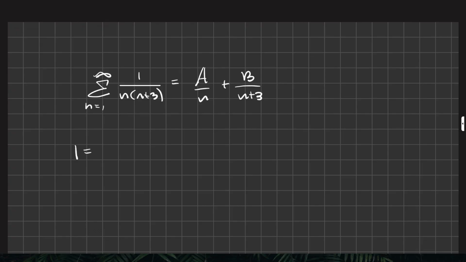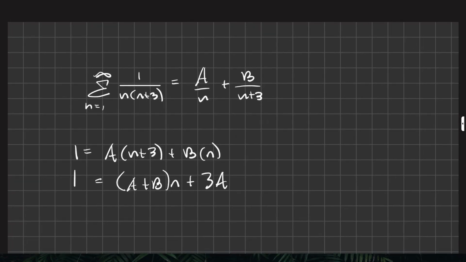So our numerator is 1. A, we multiply it by the denominator we don't have, so n plus 3 plus b times n. So this can be written as, what can we factor? We can have a plus b times n plus 3a. This is all equal to 1. And we'll find our coefficients this way.